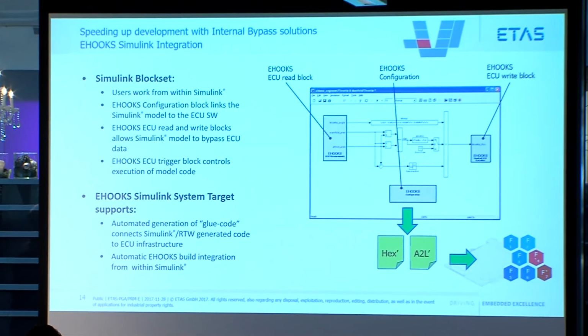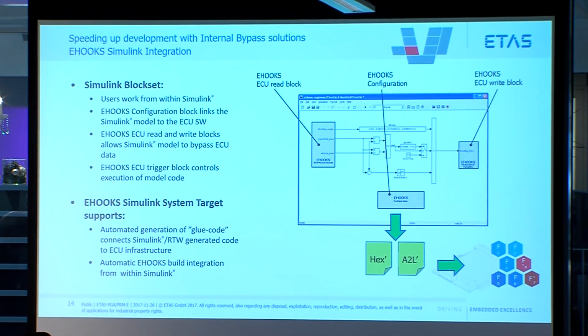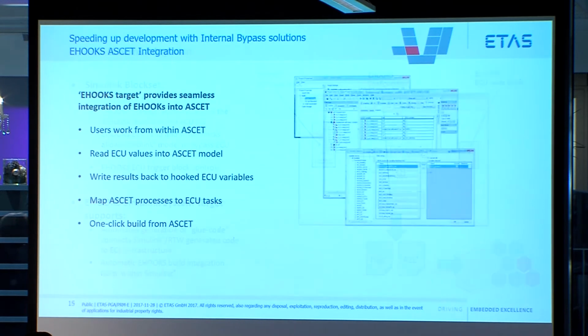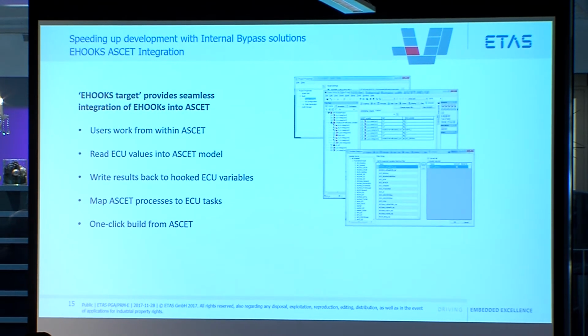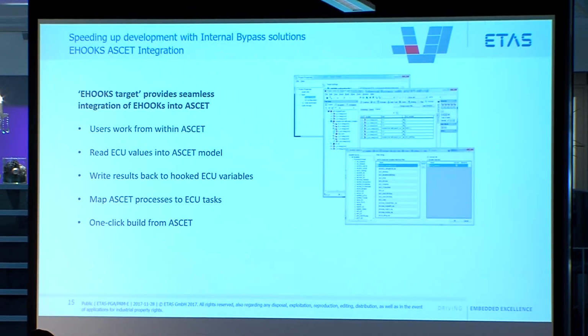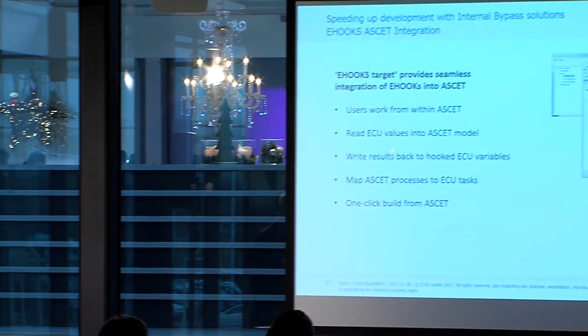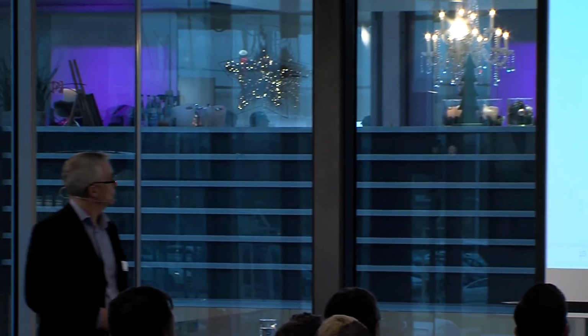And when that's flashed down to the ECU, of course, you're good to go with your bypass experiment. So that's Simulink. eHooks also provides a similar integration with ASCET. So for function developers who use ASCET, they can use eHooks to configure the reads and writes into their model and configure how the model's triggered. And again, simply build from ASCET to produce this new ECU software with the model included.